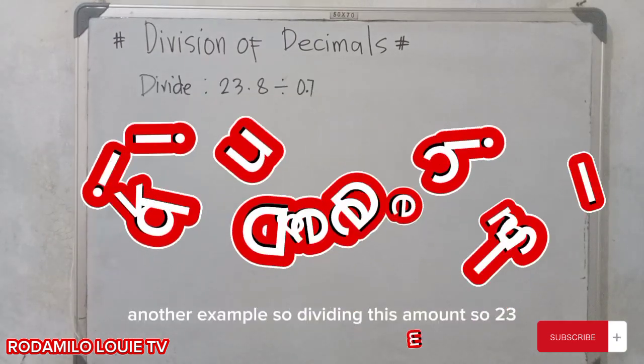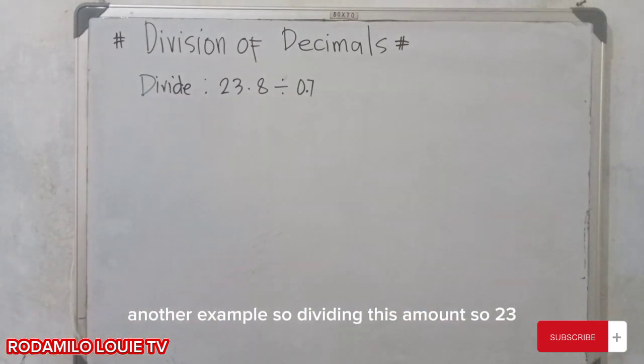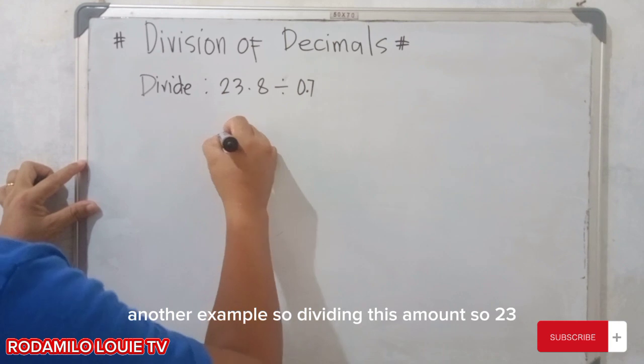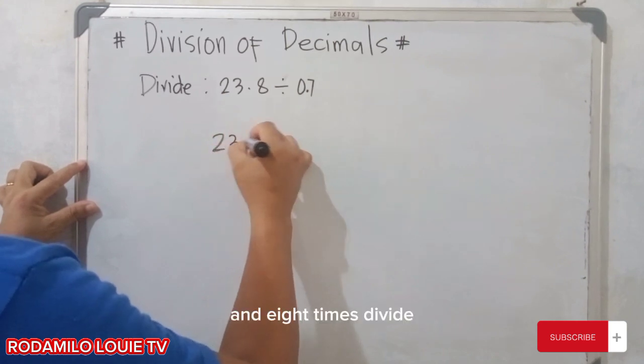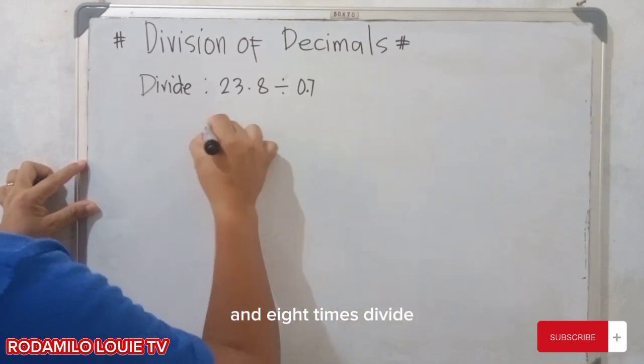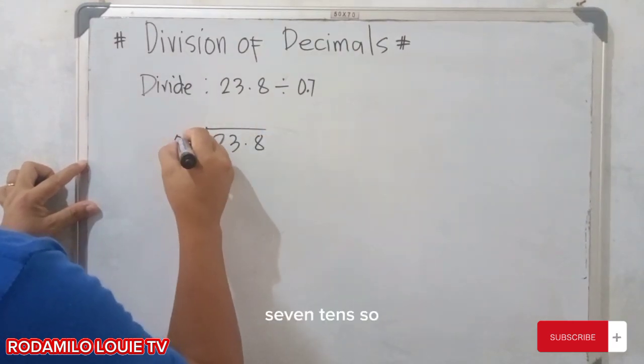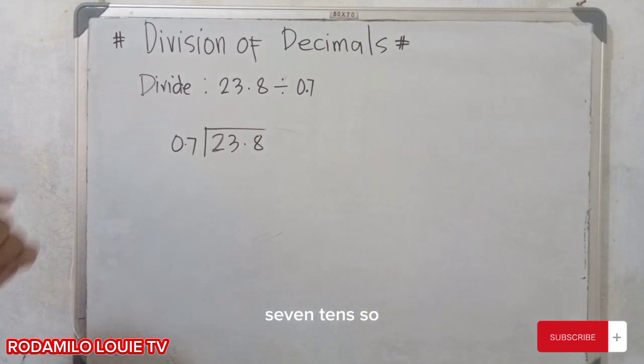Okay, another example. So dividing decimals by decimals na po. So muna yung tabo. So 23 and 8 tenths divide 7 tenths.